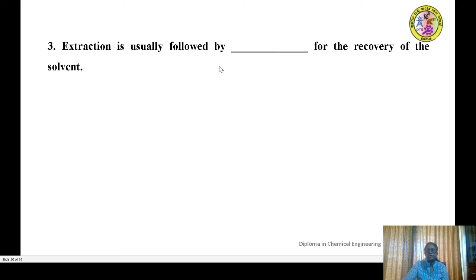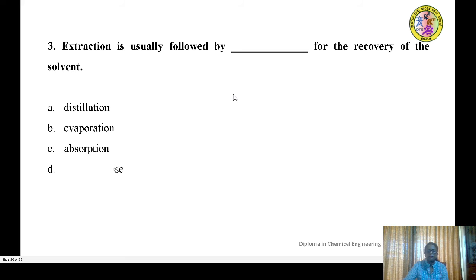Extraction is usually followed by dash for the recovery of the solvent. For the recovery of solvent, which operation is usually used? Is it distillation? Is it evaporation? Is it absorption? Is it none of this? See, among these options, it is either distillation or evaporation.